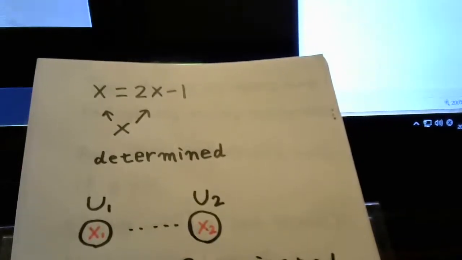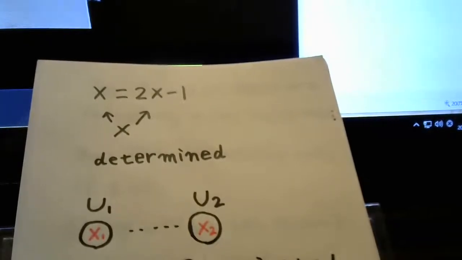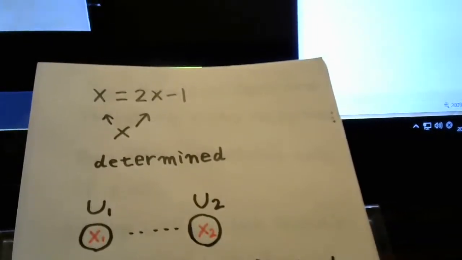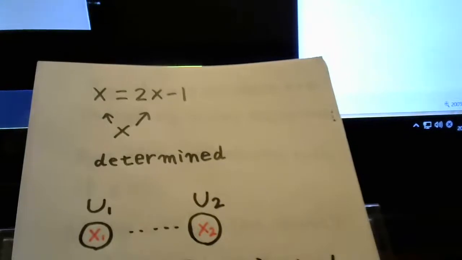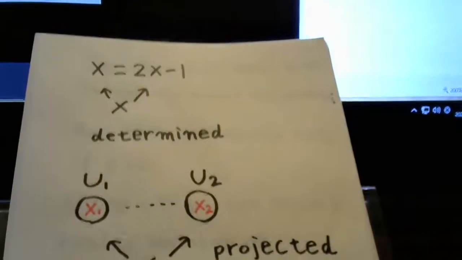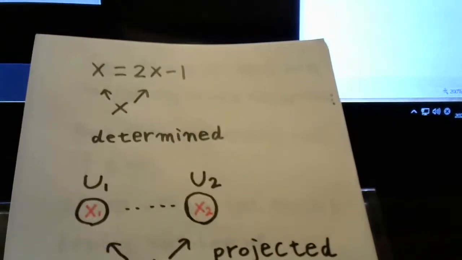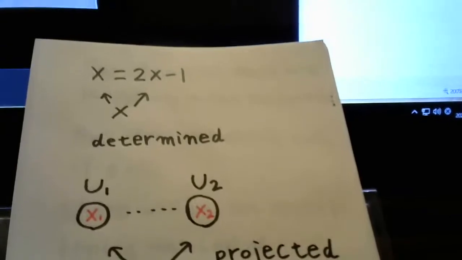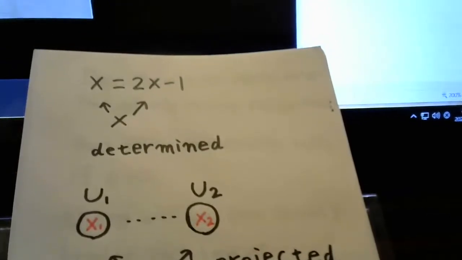The left hand side is x itself, and the right hand side is also a number related to x, and both sides are related by equal. So x is determined.